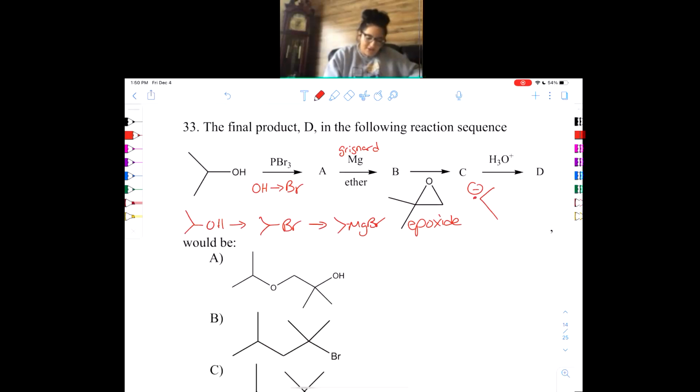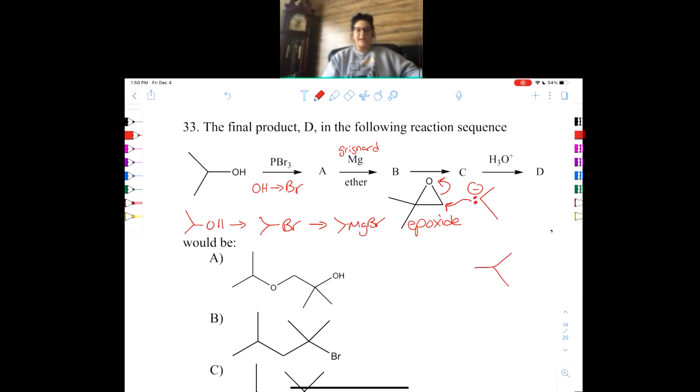So we have this negative charge coming in, right? So where are we going to attack? Keeping in mind, we do not have an acid catalyst. The less substituted side, exactly. Cool. So we're going to attack, bam. We're going to open up the epoxide. So it goes bam, bam.